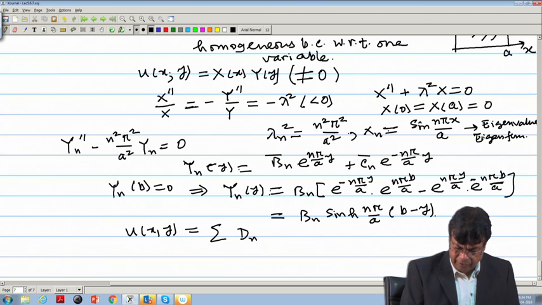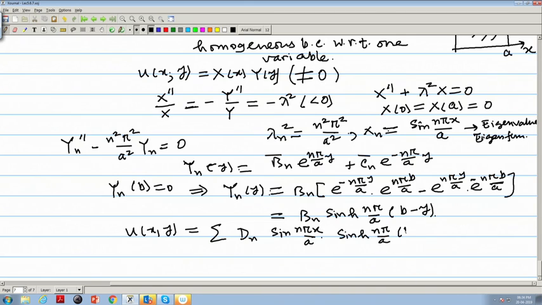So dn sine n pi x by a into sine hyperbolic n pi by a into b minus y. Now the condition left is u x 0 equal to f x.